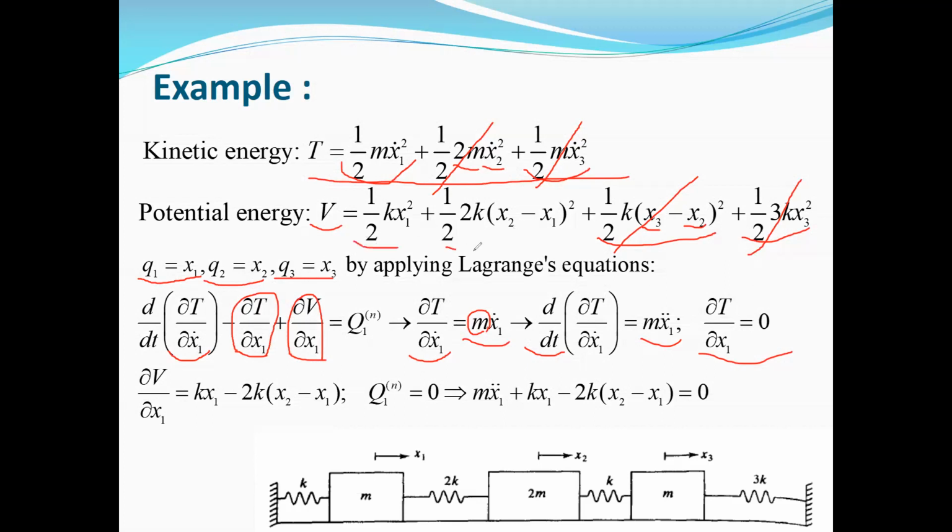Only the first and second term will appear here. The partial of the first term with respect to x1 is equal to k times x1, and the partial of the second term with respect to x1 is equal to 2 times half times 2k times (x2 minus x1) times minus 1.